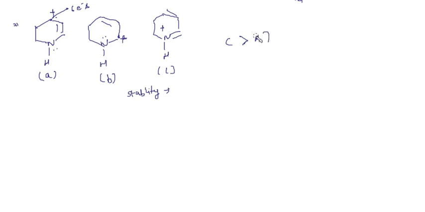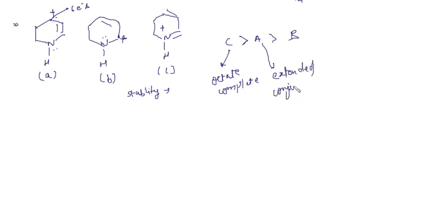Then we come to B. A is having extended conjugation, and B is having cross conjugation. Extended conjugation and cross conjugation.